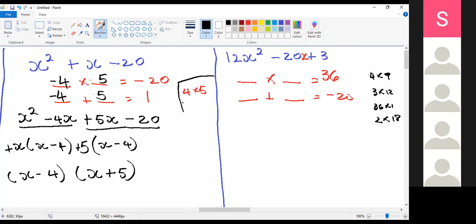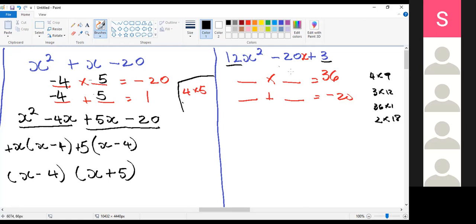Remember, the two numbers you find need to multiply to A times C. The 36 is A times C. This is A, which is 12, and this is C, which is 3. Usually the ones we worked before had A as 1, but in this case, A is 12. So whatever numbers you multiply must give A times C, which is 36.